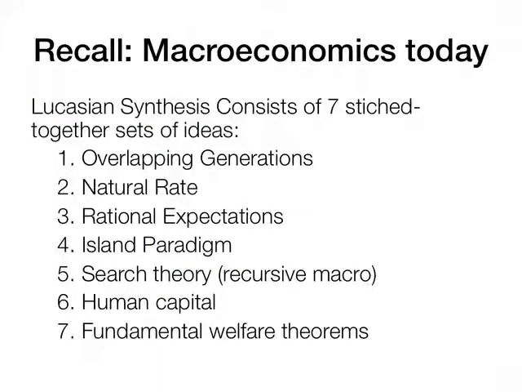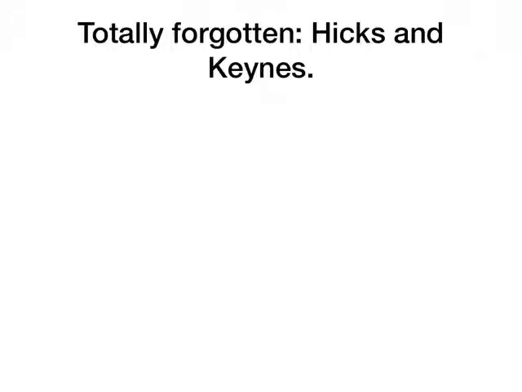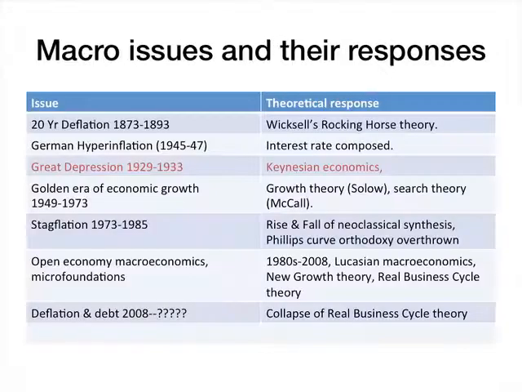We looked a little bit at how macroeconomics is understood today, basically through something called the Lucasian synthesis, which Robert Lucas, the 1995 Nobel laureate in economics, was responsible for. We looked at how macroeconomic issues essentially define the theory and how it develops over the next 20 years.